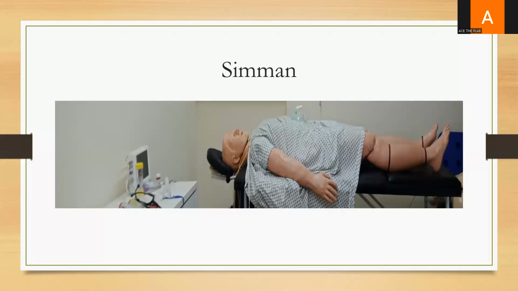For that purpose, I need IV access, so I'm going to pass two large bore IV cannulas, 16 gauge. So you'll go to the medicine part. You'll pick coffee colored cannulas or gray colored cannulas, and you will pick normal saline. You will put it on the IV stand and you will pretend that you have started the patient on IV fluids. At the same time, you will also verbalize your investigations.